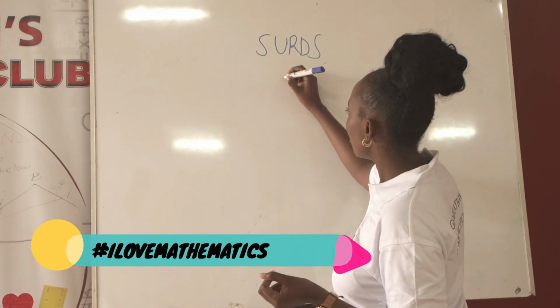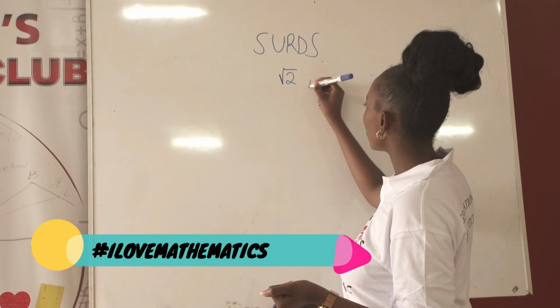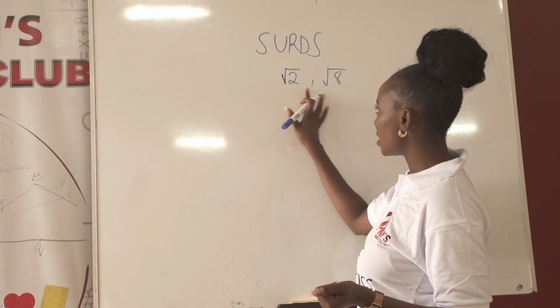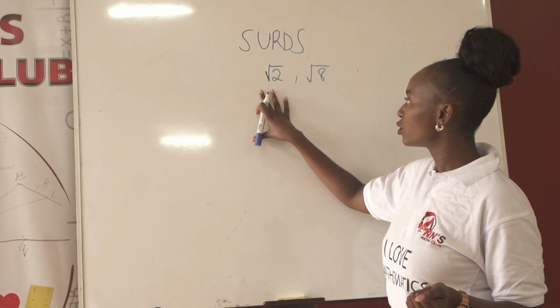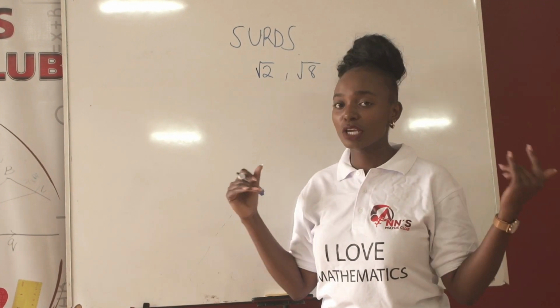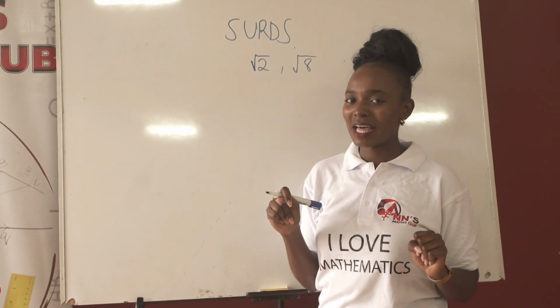For example, we don't have the root of 2, okay? We also don't have the root of 8. So such numbers are what we call Surds because they have no square root or cube root. And I know earlier you were taught about square roots and cube roots, but in case you want me to dig deeper into that, please let me know in the chat.